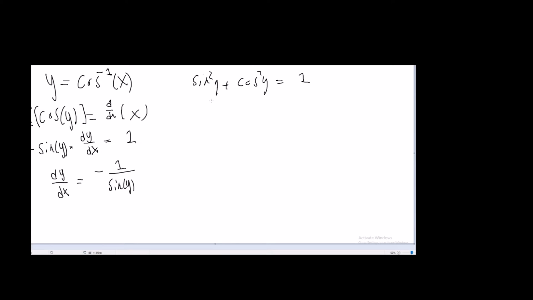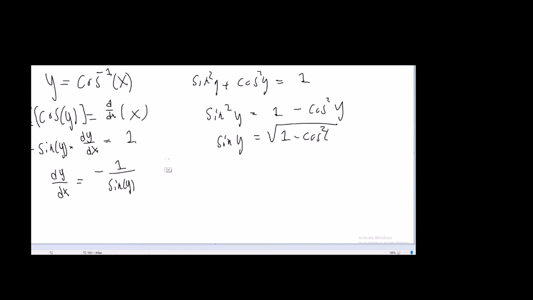You have that sine squared of y is equal to 1 minus cosine squared of y, and sorry for being inconsistent with where I put my parentheses. Then sine of y is equal to the square root of 1 minus cosine squared of y.